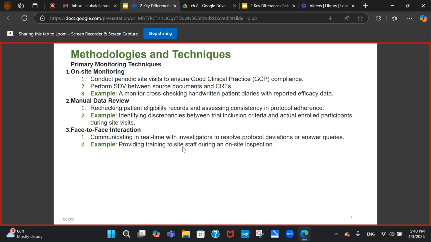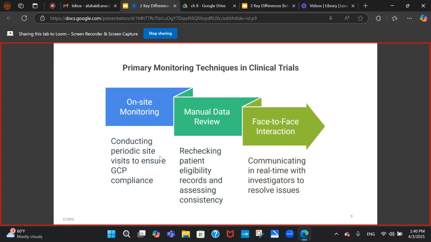Next. Here is a nice diagram to simplify the primary monitoring, the traditional monitoring techniques in clinical trials. So we have the on-site monitoring, conducting periodic site visits to ensure GCP, good clinical practice compliance. And we have the manual data review, rechecking patient eligibility records and assessing consistency. And we have the face-to-face interaction.